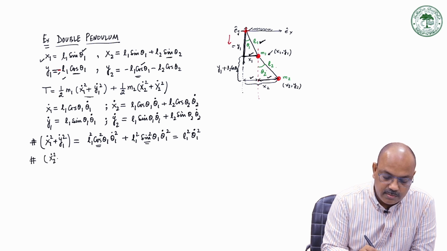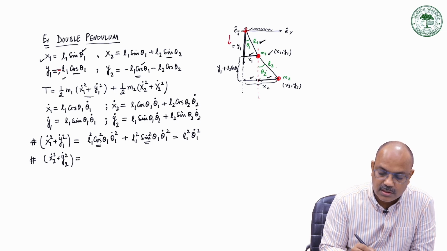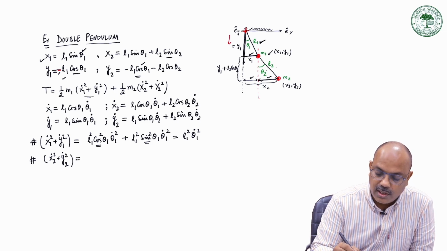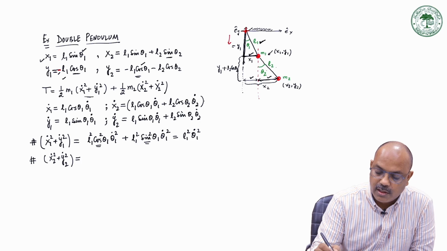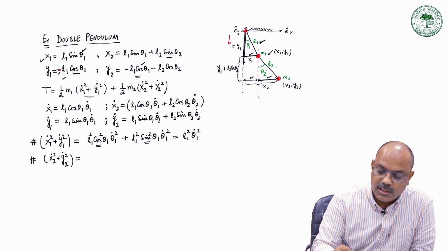Now for x2 dot square plus y2 dot square, I have to take the whole square of this. So this is a square plus b square.